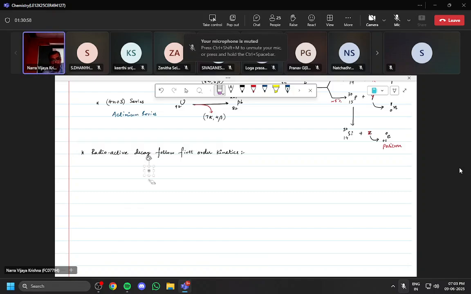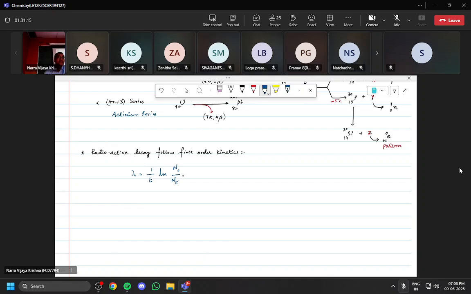Rate constant K equals 1 upon t log initial concentration upon final concentration. Instead of rate constant K, we are writing lambda. Instead of initial number of molecules, we write initial number of nuclei, final number of nuclei. Or I will write Nt equals N naught into e power minus lambda t.